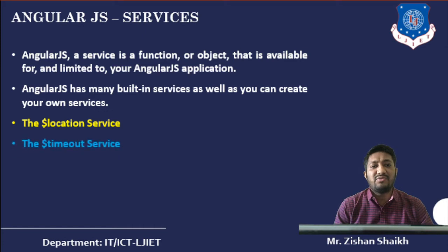Next is the timeout service, which tells the particular time interval after which our timing times out. Next is the interval service. If you want to put a timer that increases by some seconds, or put some time interval, that is included in the interval service. And then a very useful service regarding requests and responses is the HTTP service.